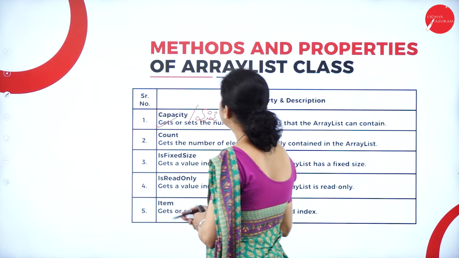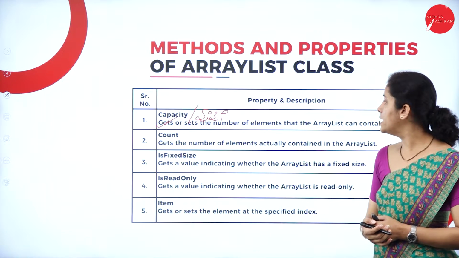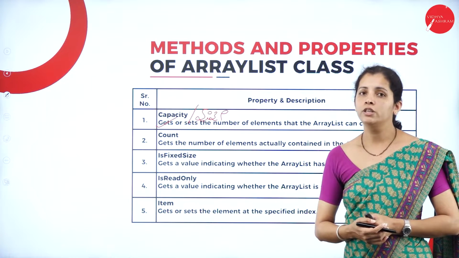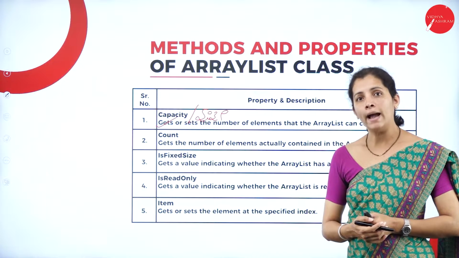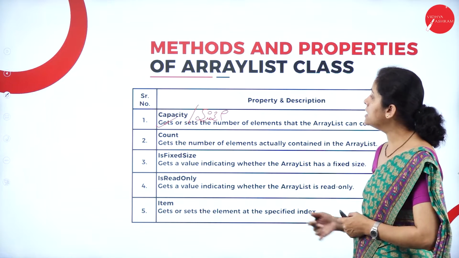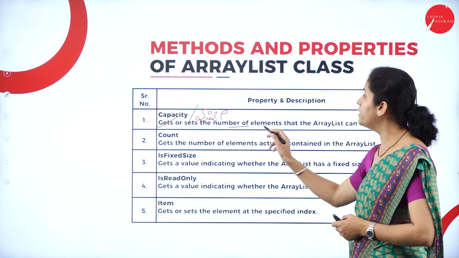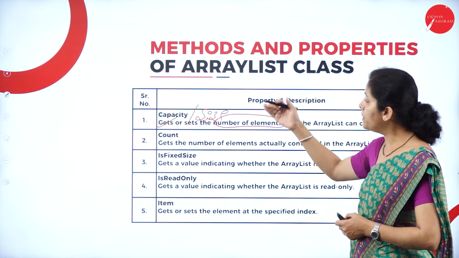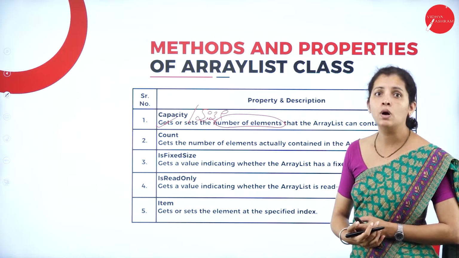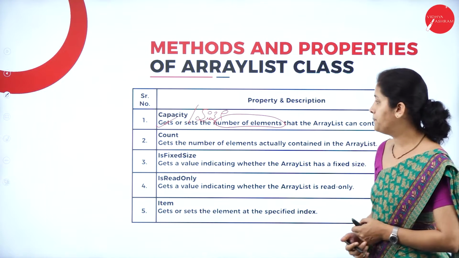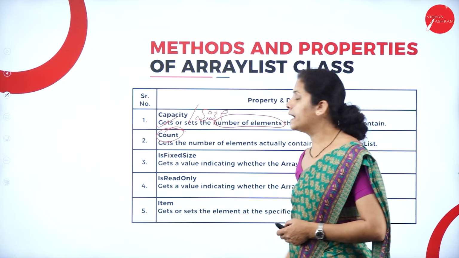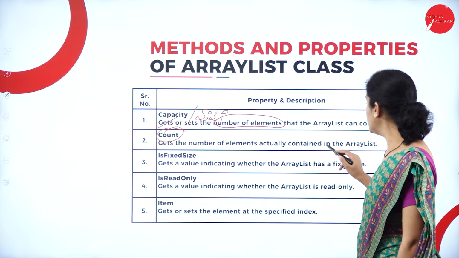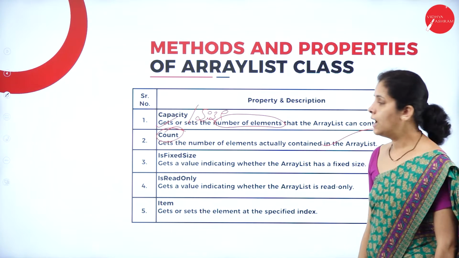Capacity gets or sets the number of elements that the array list can contain. So dear student, we can manually set the size. Number of elements is nothing but size, that means how many elements I can have in my array. And count gets the total number of elements actually present in the array list.